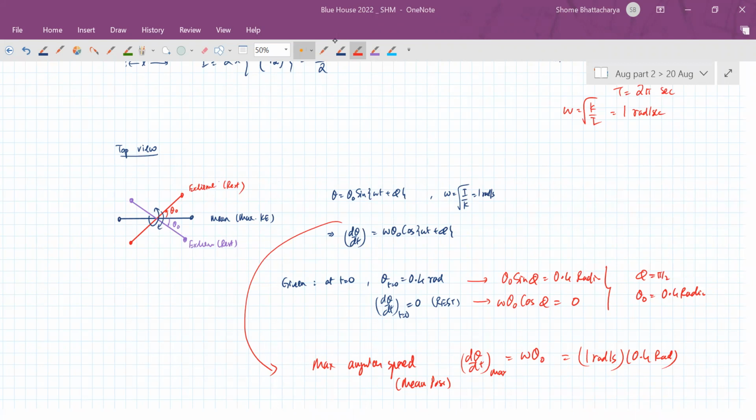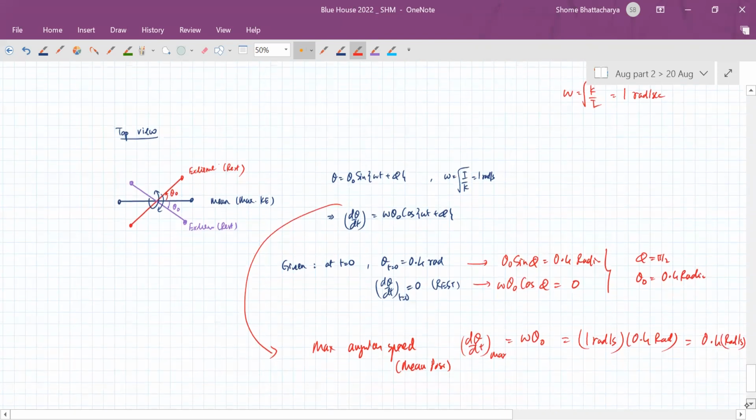So don't get confused that the unit is becoming like radian square per second. Radian is dimensionless. So the important thing is it has the dimension of time inverse. So 0.4 radians per second. Radian is a dimensionless unit. So this is the angular speed.